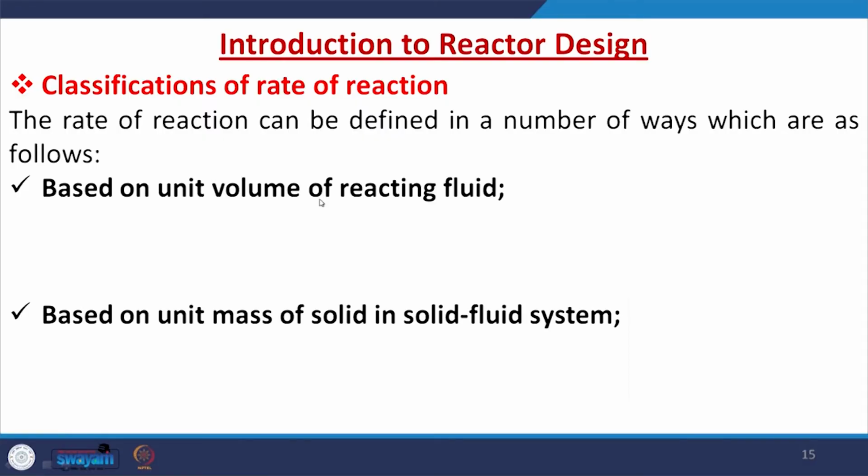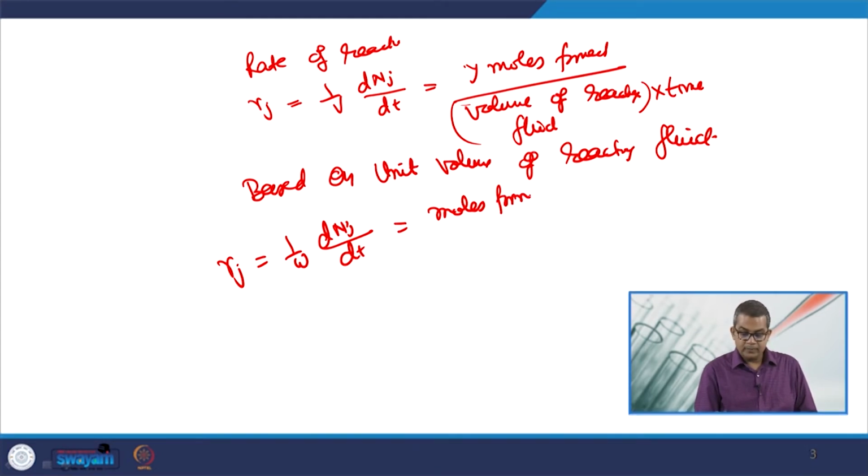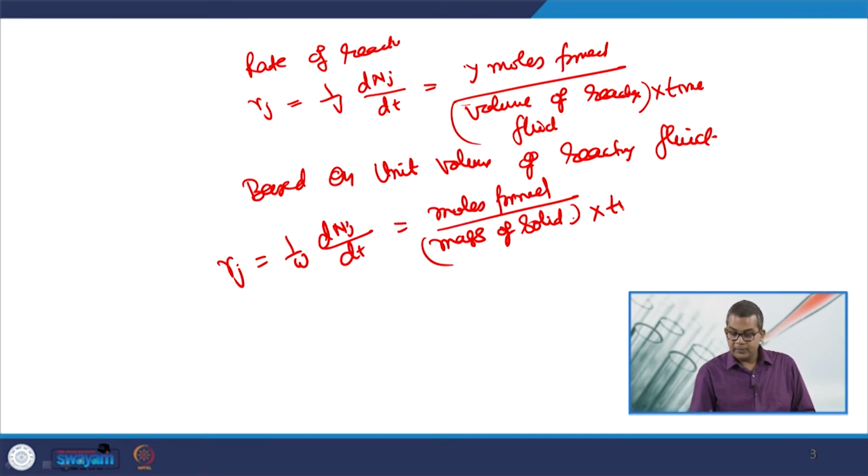Now if we consider the unit mass of solid in a solid-liquid system, this is another class of rate of a reaction. We can represent it as Rj is equal to 1 upon W dNj upon dt, that is, the moles formed divided by the mass of solid multiplied by time.